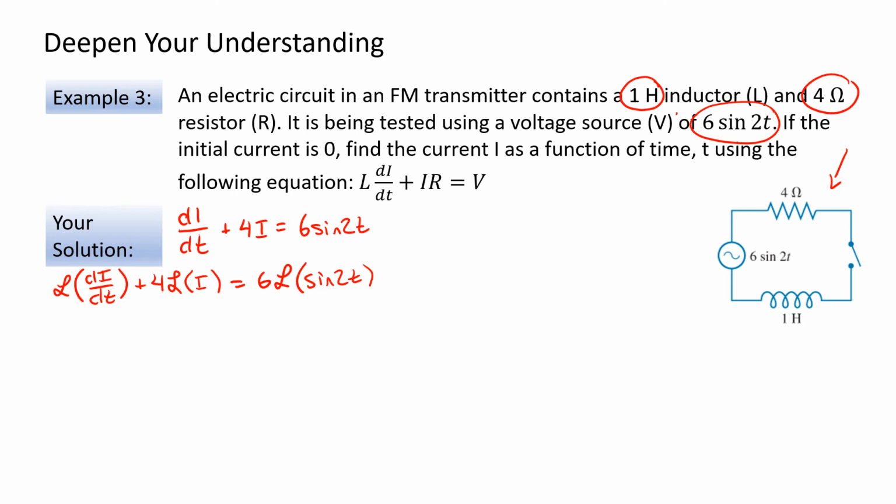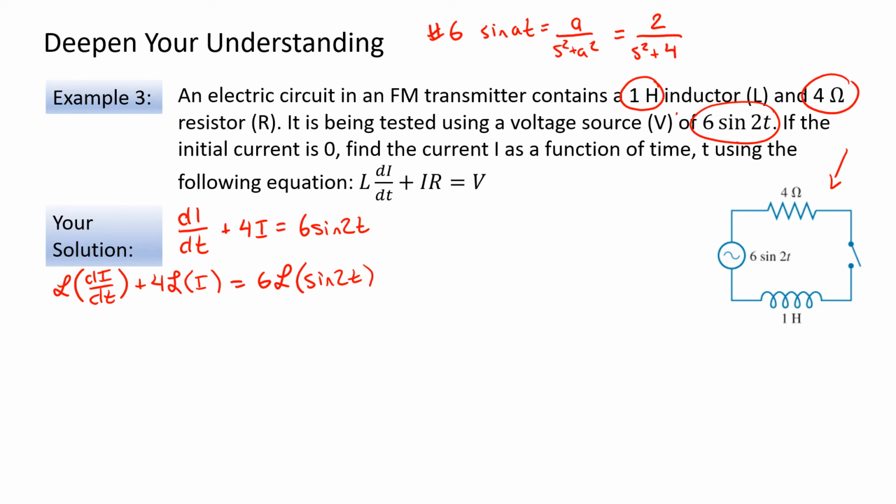For the sine of 2t, remember using number 6 on our table, which is sine of at equals a divided by s squared plus a squared. In this case, a is 2. So we can rewrite that as 2 divided by s squared plus 2 squared, or 4.